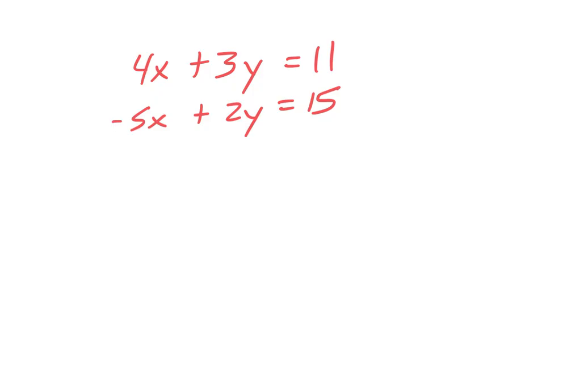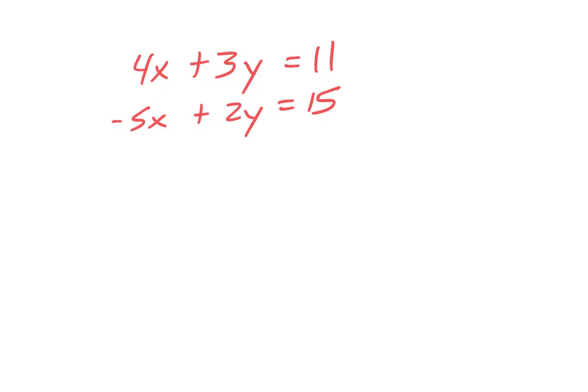We don't care about this over here. Either the x's or y's have to be opposite. The other one was ready to go, right? It was already opposites. In this case, neither one of them are opposites. So either I need to force the x's to be opposites, or I need to force the y's to be opposites. And you could do it either way. So you have some choices.